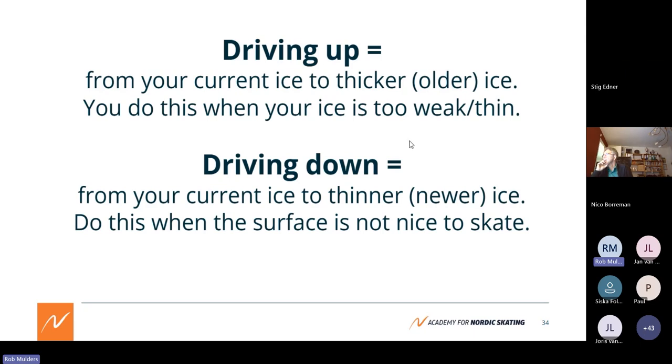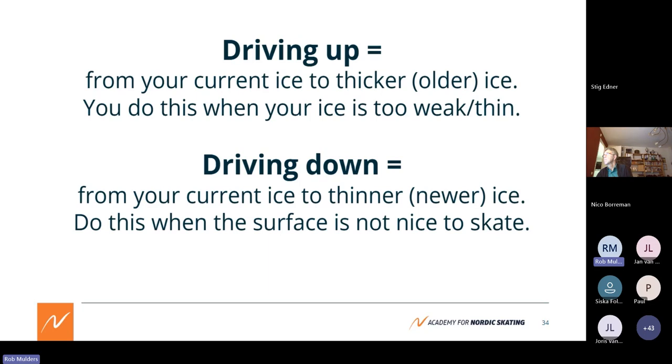If you choose a lake for the day, you should not only know things about the ice on that lake, but you should also know things about the other lakes in the same area, because you don't want to be driving 2 or 3 hours in daylight, because that is a waste of your day.